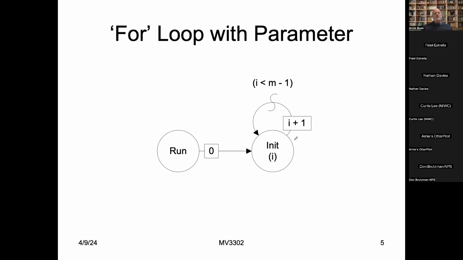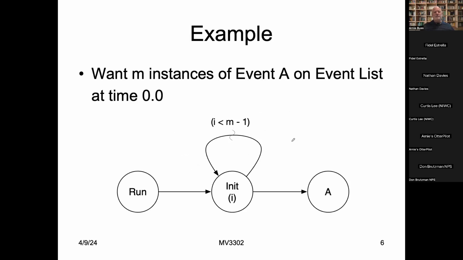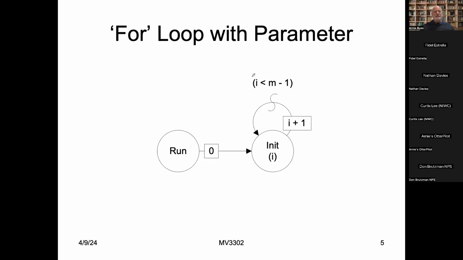When init occurs with value 0, it's going to check its condition. Now M is going to be our parameter. M is going to be the number of times I want this event to be executed. So the number of inits, basically.